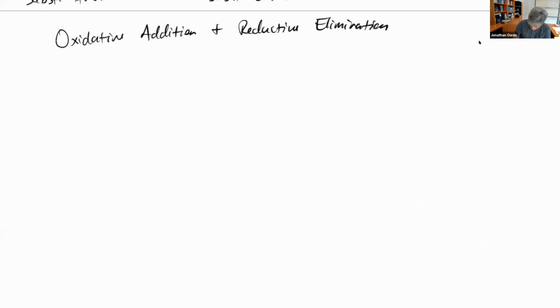We're going to change gears again, and we're going to start talking about oxidative addition and reductive elimination. Different type of a reaction.